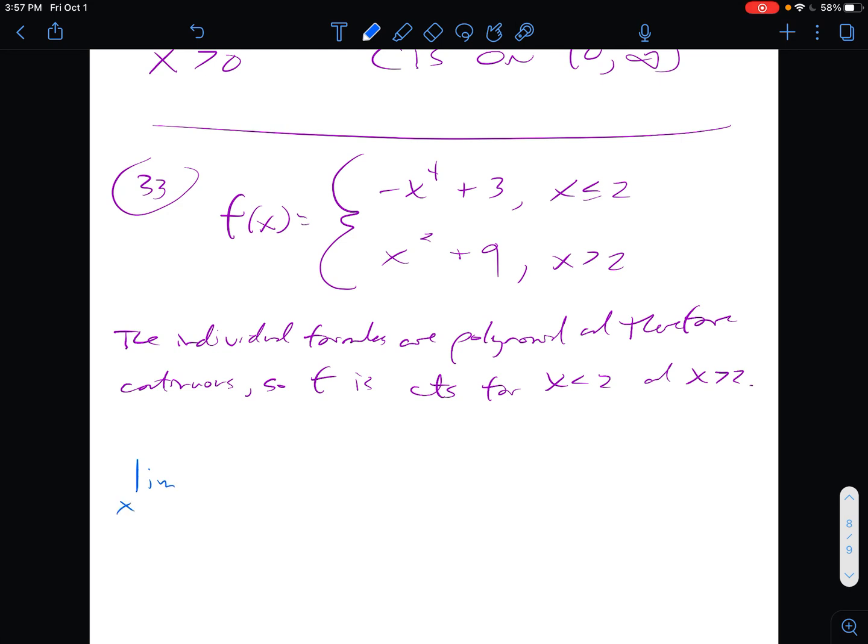So let's think about the limit as x approaches 2 from the negative side. If x is a little bit smaller than 2, then the relevant formula is this one. And I love to just plug in. Plug in 2, I get negative 16 plus 3, which is negative 13.